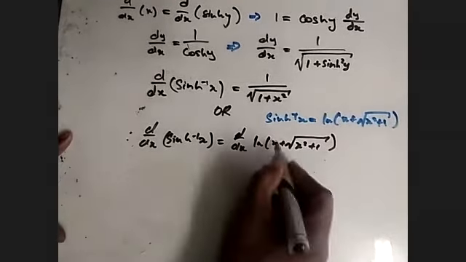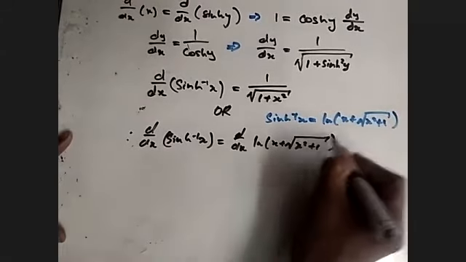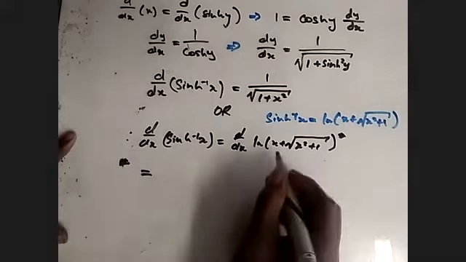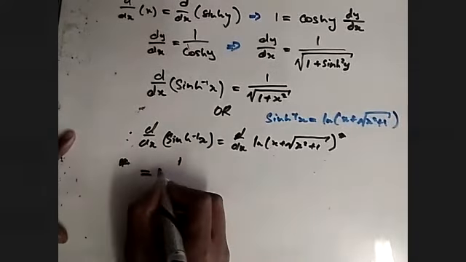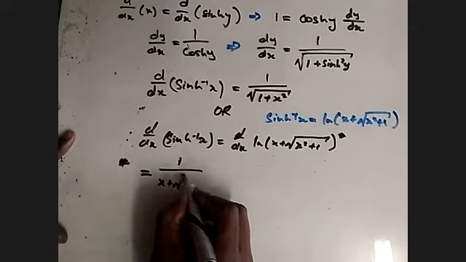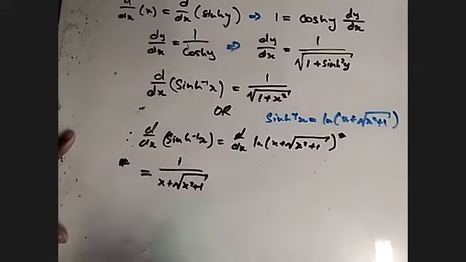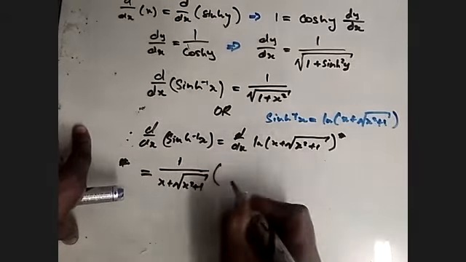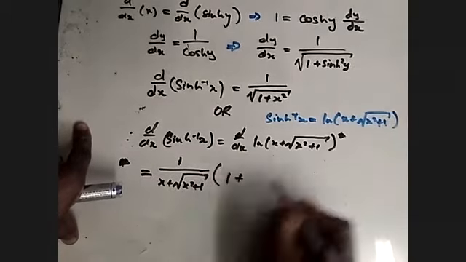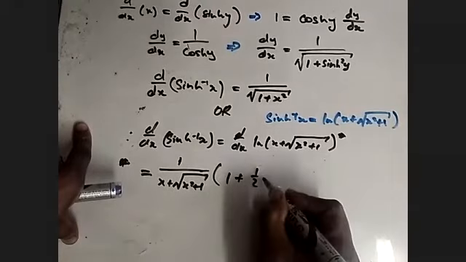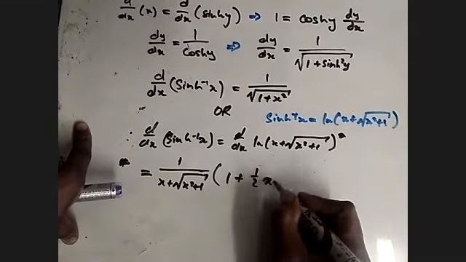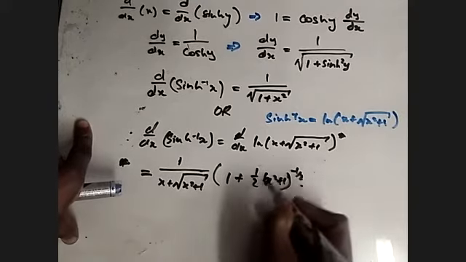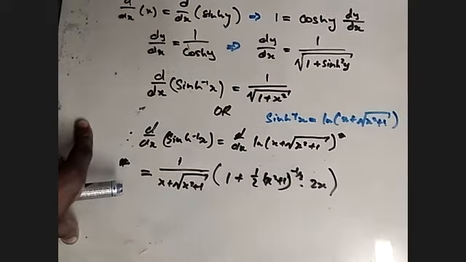So the derivative of this alone, take note, guys, let me call this star. The derivative of star alone will just give us, ln is just 1 over x plus the square root of x squared plus 1. And then this side I'm going to have 1 plus 1/2, x squared plus 1 to the negative 1/2 multiplied by the derivative of the inner function, which is just 2x.